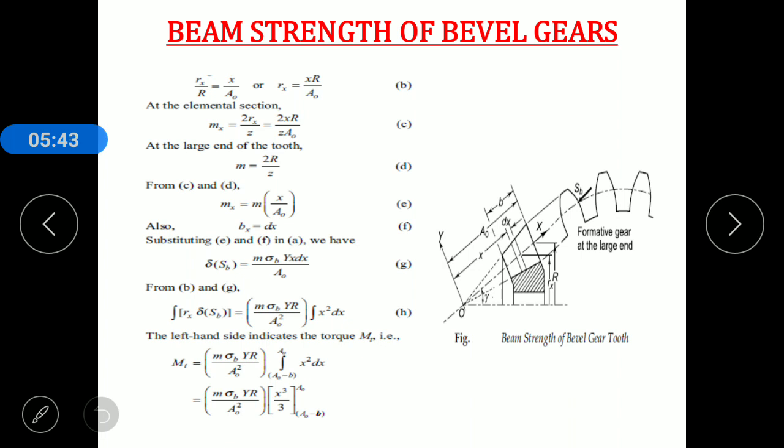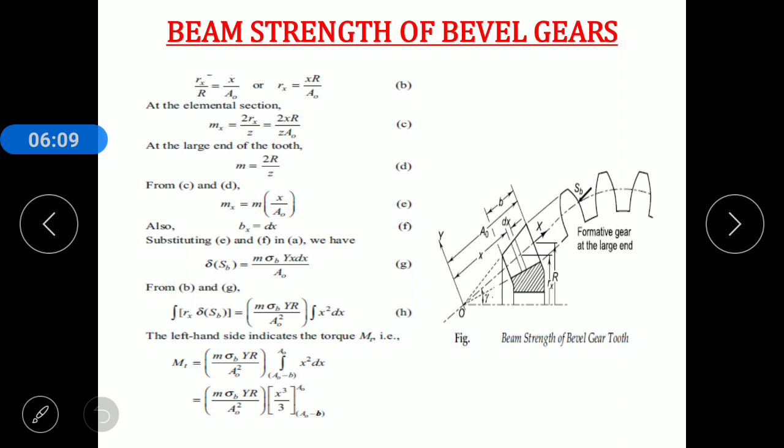This value we substitute in equation C, and we get 2x divided by z AO into mz divided by 2. Here 2 gets cancelled, z gets cancelled, and remains mx is equal to m into x divided by AO.